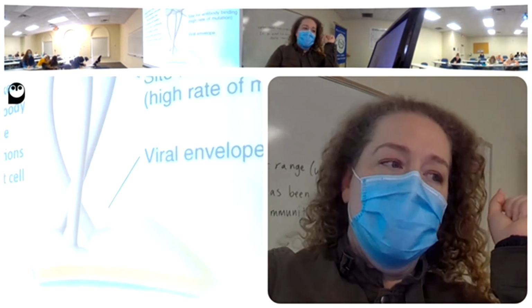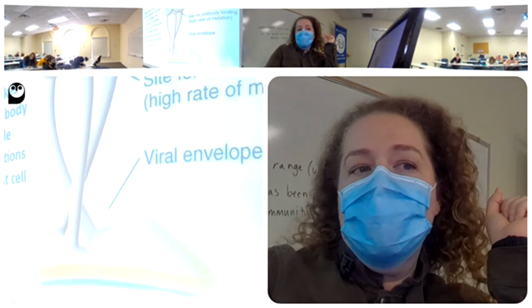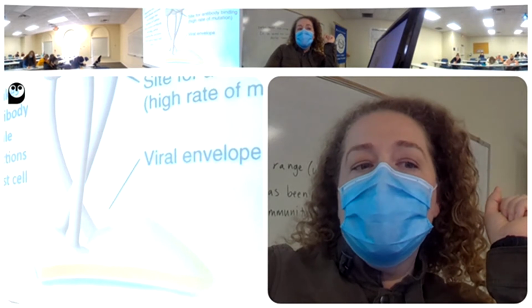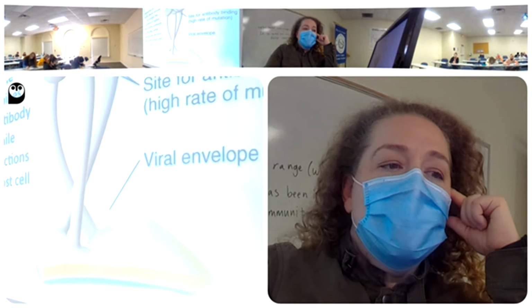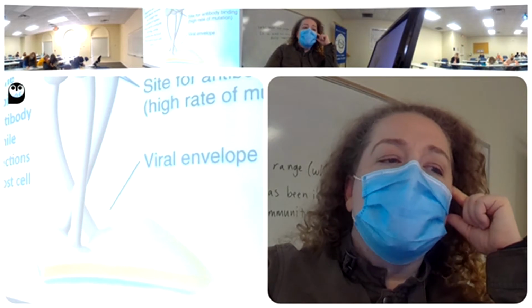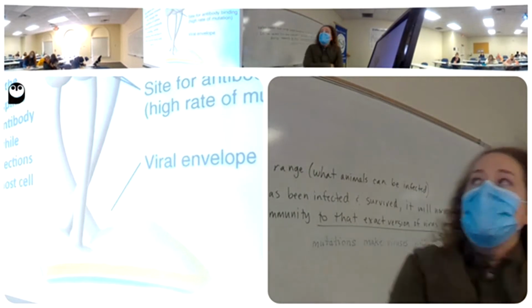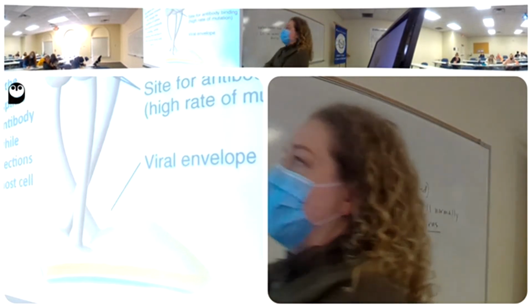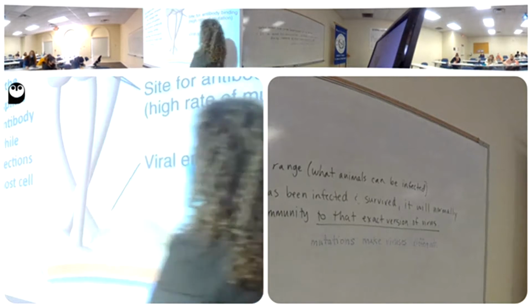So you could make this say allows attachment, these blue. This more middle part of the spike is the area where people have antibodies that could bind and destroy the virus.